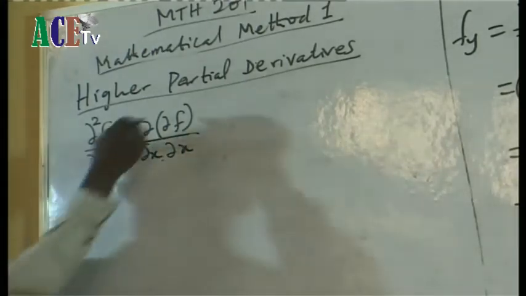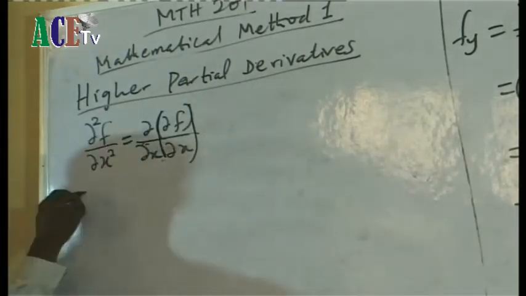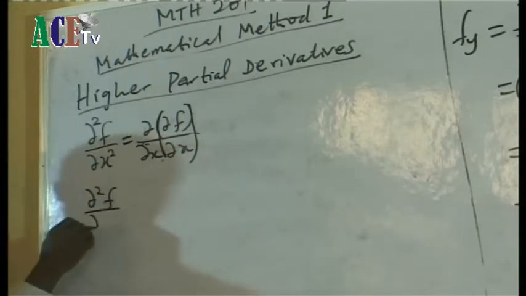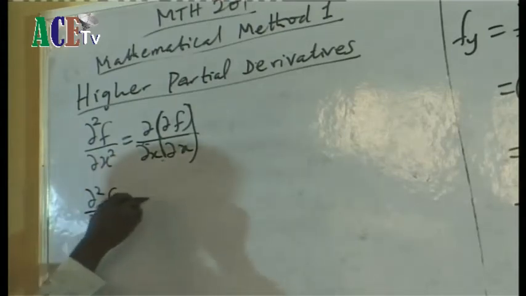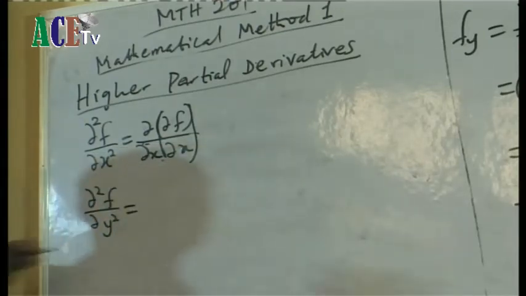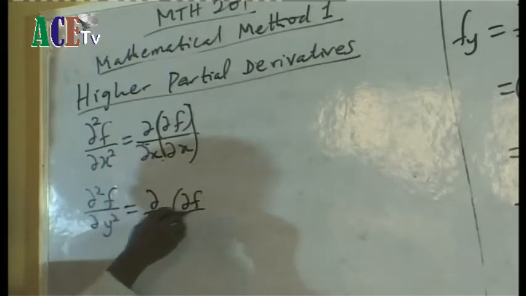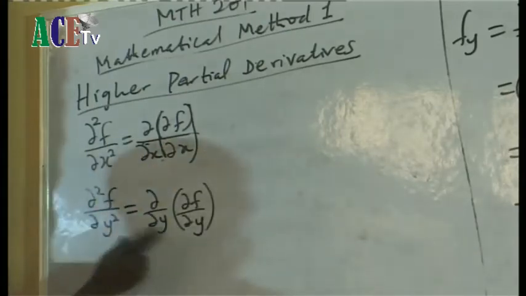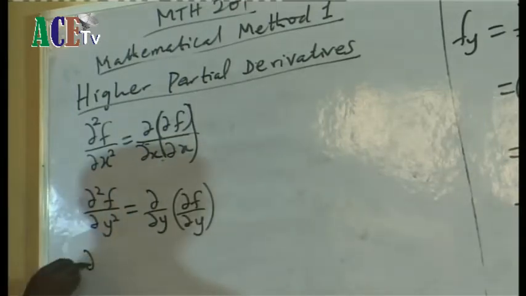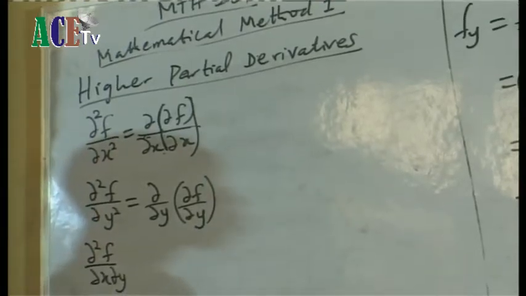Even I can write this one like that. Then, if I have the square f over the y square, it means I want to differentiate this function with respect to y, both times. It may be f_yy, both with respect to y. And at the same time, I can have the square f over dx dy, now considering a function f of x, y.